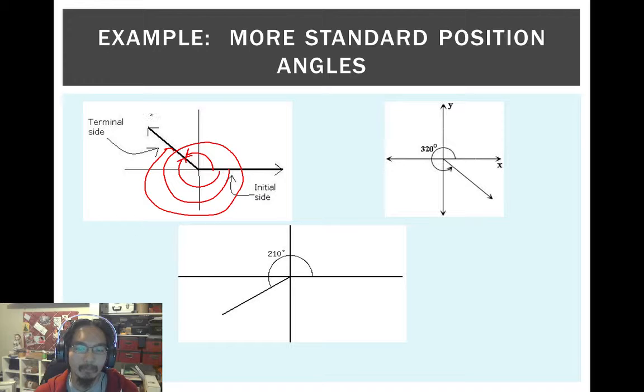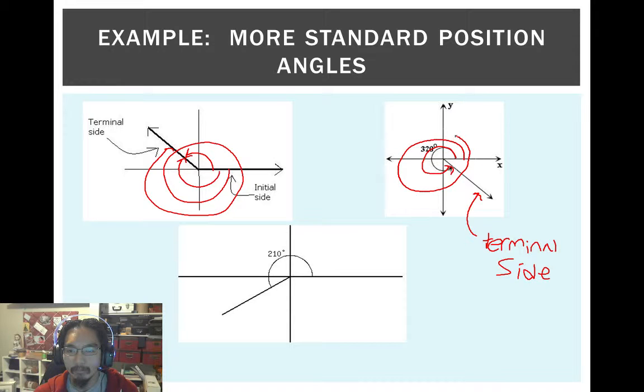Could be going around 3 times, 4 times, 5 times, 6 times, whatever. But it all ends here on the terminal side. This one here is my terminal side. Again, measuring from the positive x-axis, going all the way around there. Might even go around once there.